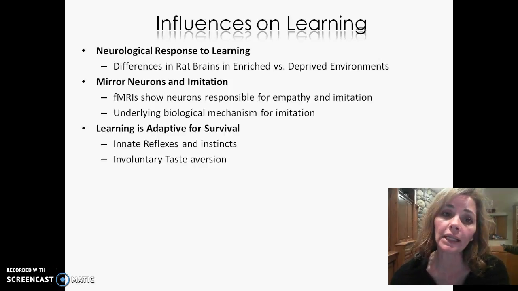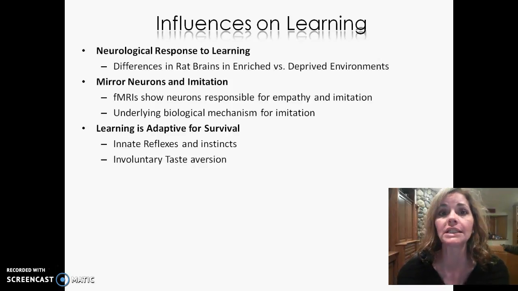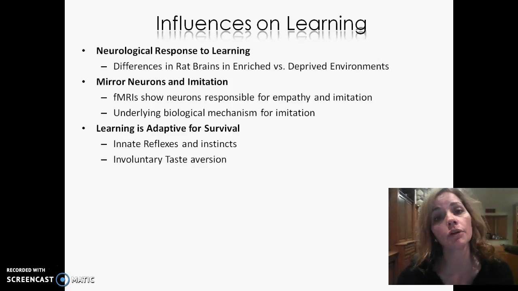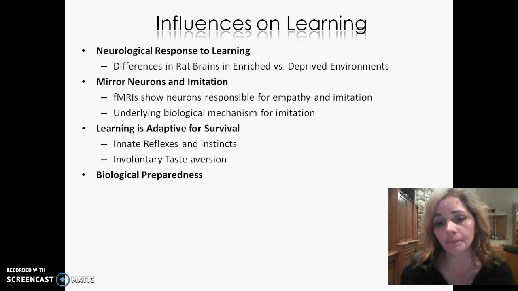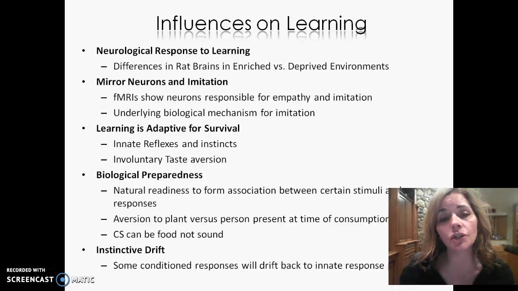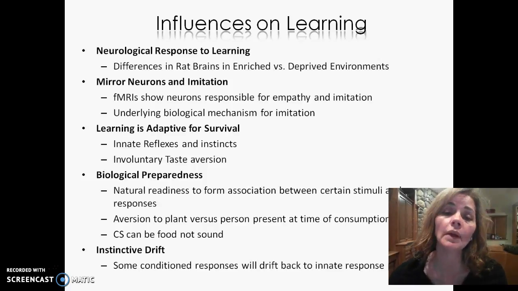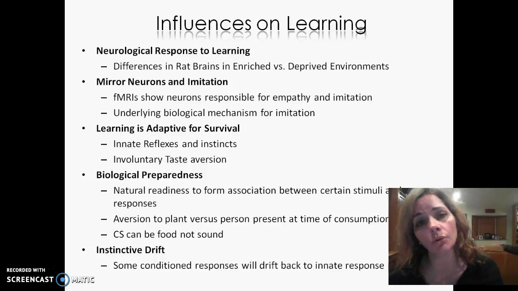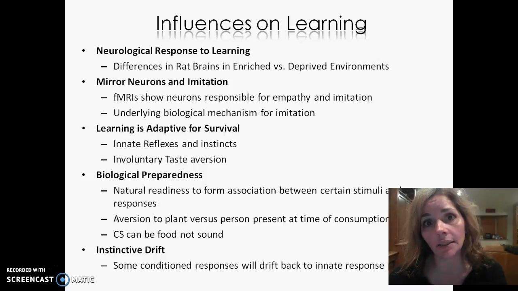The rat brains from enriched environments are denser and have more abundant neural connections. We've found that human beings have this same issue: children raised in poverty have brains that are much less active and dense than children raised in really enriched childcare and home settings.